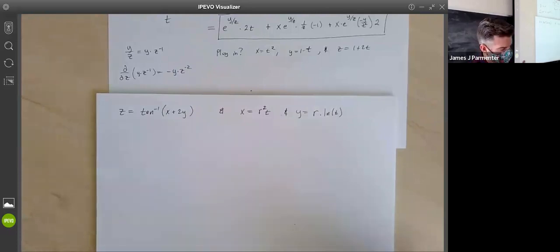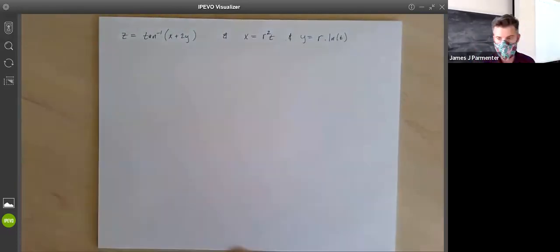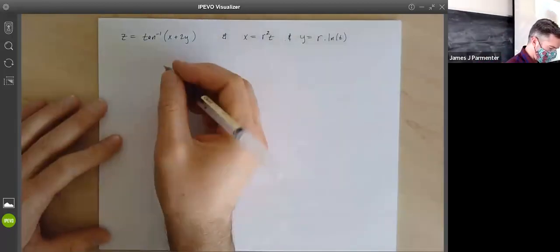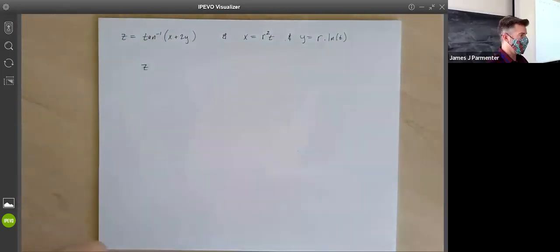So now when we make our diagram, things are going to look a little more complicated. I'm always going from top down. So when I look at this, I'm saying to myself, okay, what variables is z a function of? Just x and y, right? Oh, inverse tangent of x plus 2y, great, it depends on x and y.